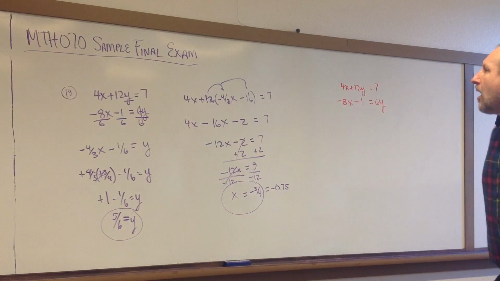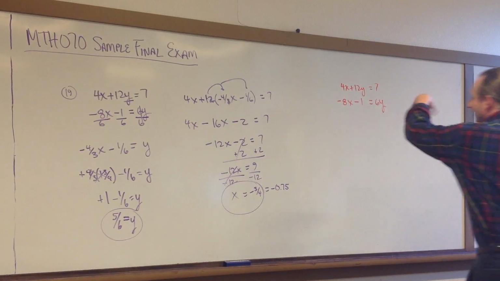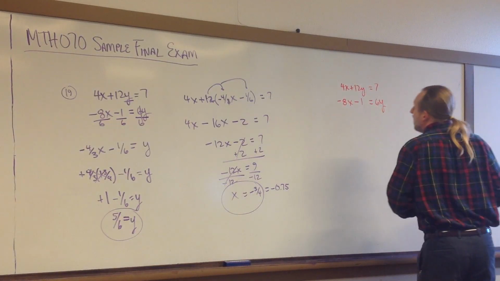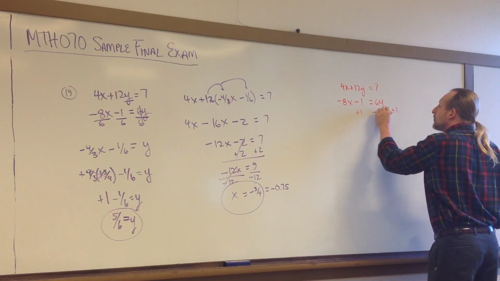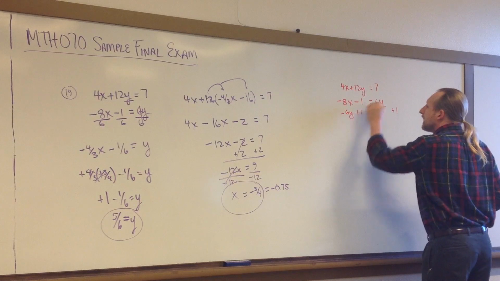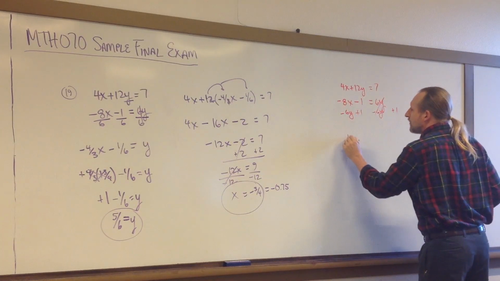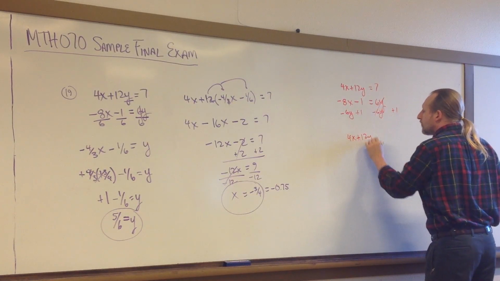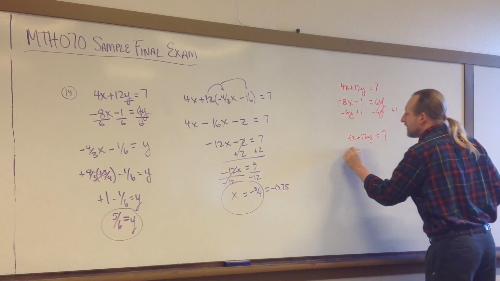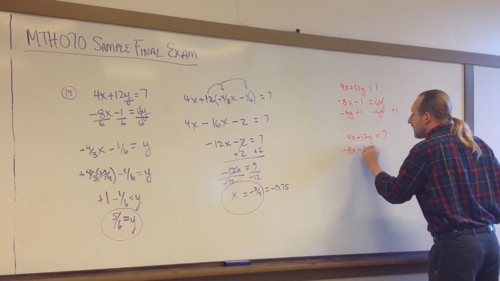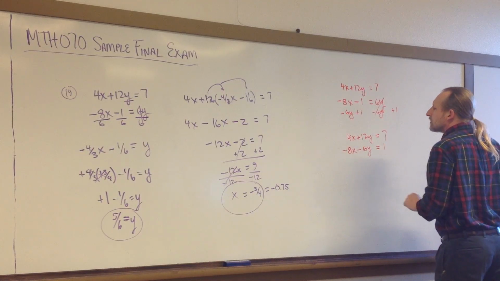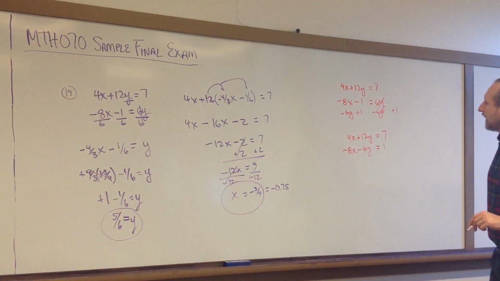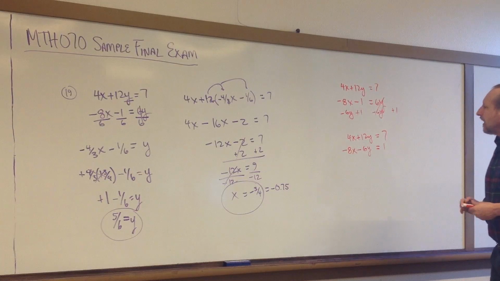Is that how that started out? Yeah. Okay, so if we want to do this by adding the equations together, I've got to put this 1 on the other side and move this 6y to be over here. So now, we've still got that first equation, but now we've got negative 8x minus 6y equal to 1. Okay, so now we've got a choice.